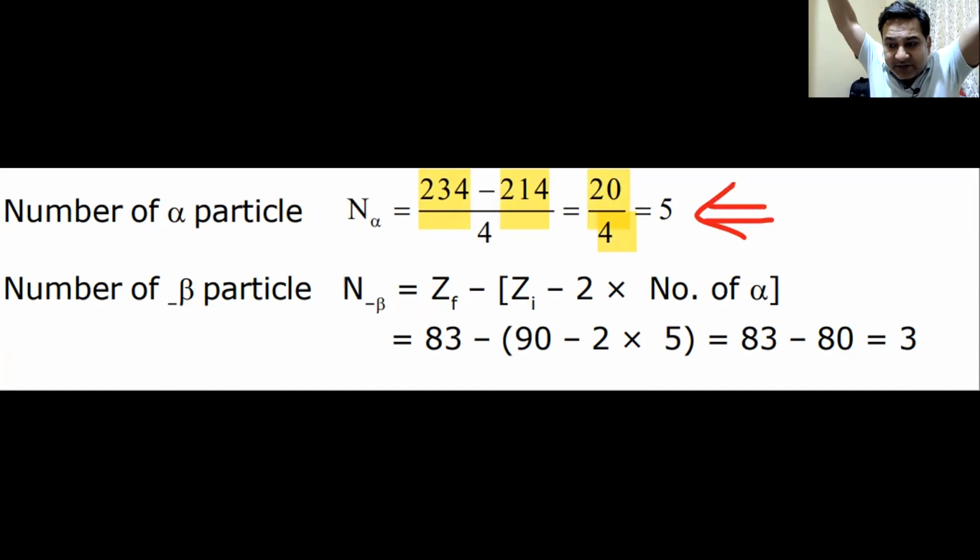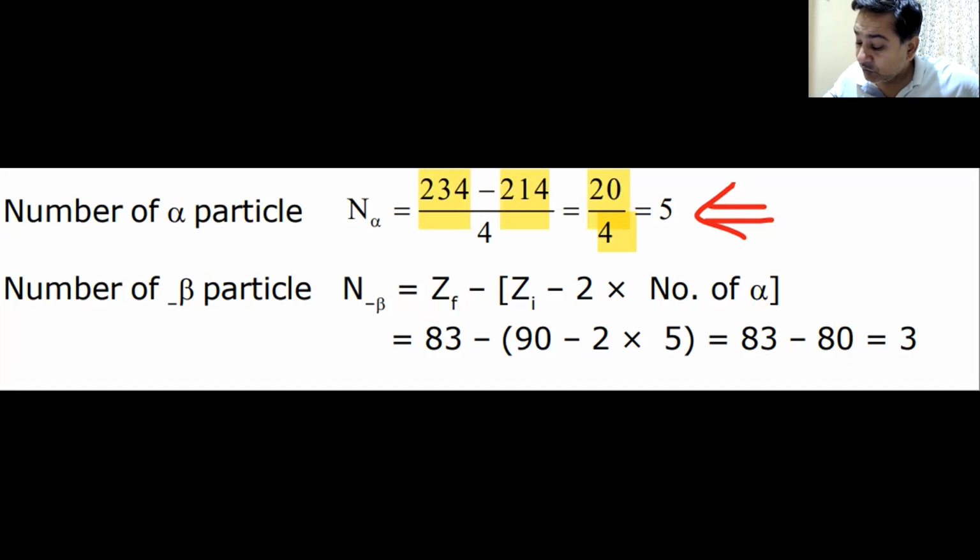Do we understand this? Can I have some raised hands? Now, once I have the number of alpha particles, one alpha particle will reduce the mass number by 4, but decreases the atomic number by 2. Yes or no?